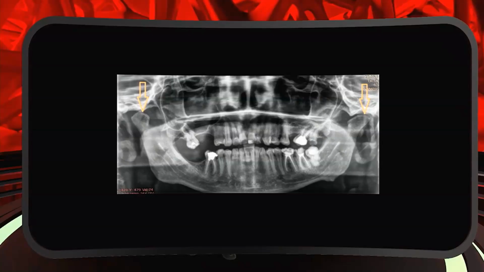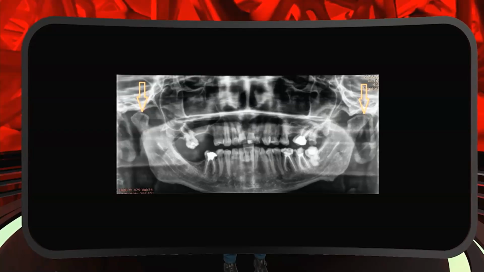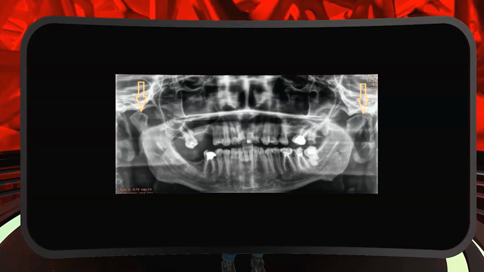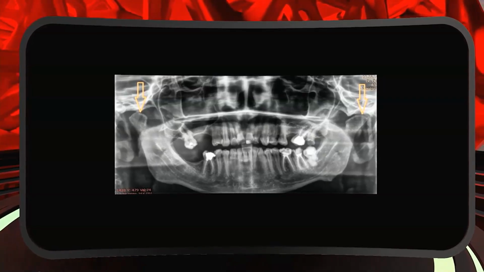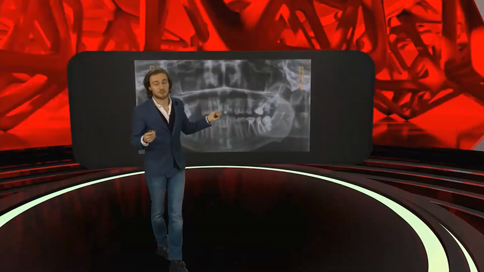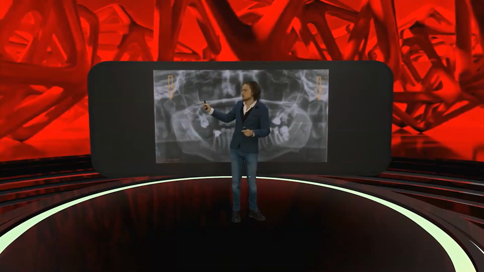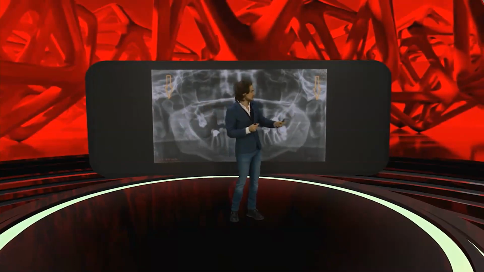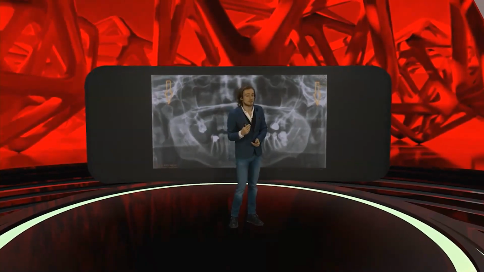On the panoramic X-ray, we can compare two condyles. We can compare if the fossa is higher or lower. We can check if there are fractures, if there are tumors. When you look at this panoramic X-ray, and you don't know too much about TMD, you could resign from the treatment because you say, oh my God, as I mentioned at the beginning, there is something wrong.